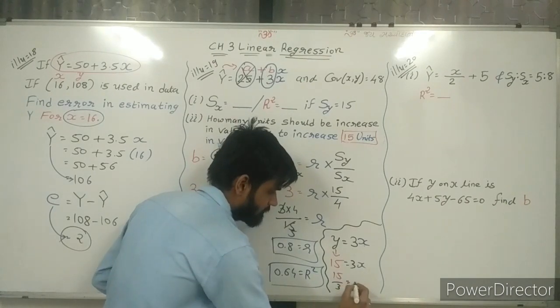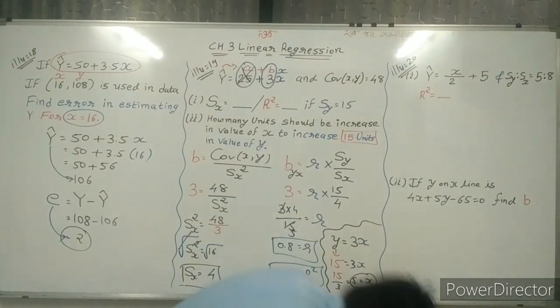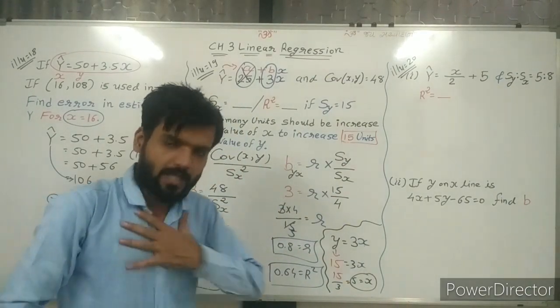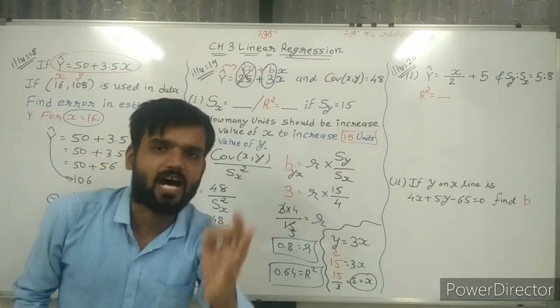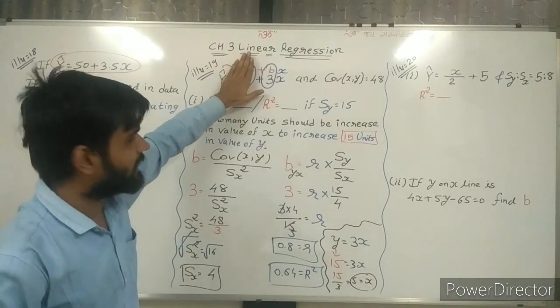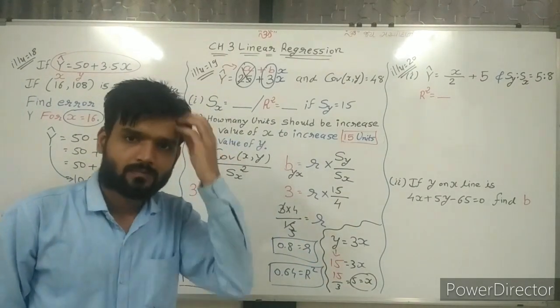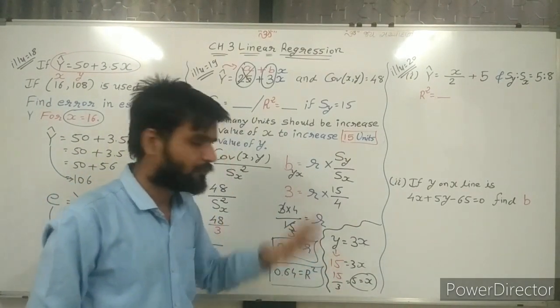So the answer is 5. So x is equal to 5. First I cleared your concept and now directly solve it. Don't consider a, compare both and find the value of x. So x is equal to 5.